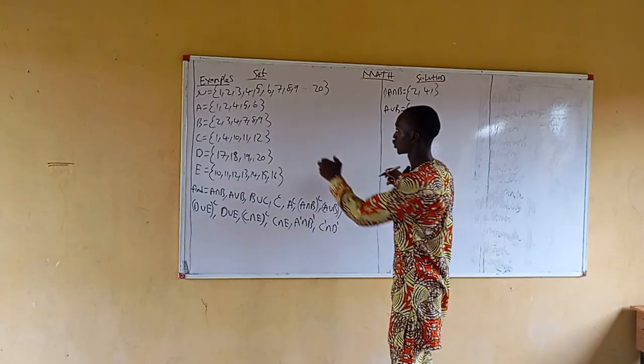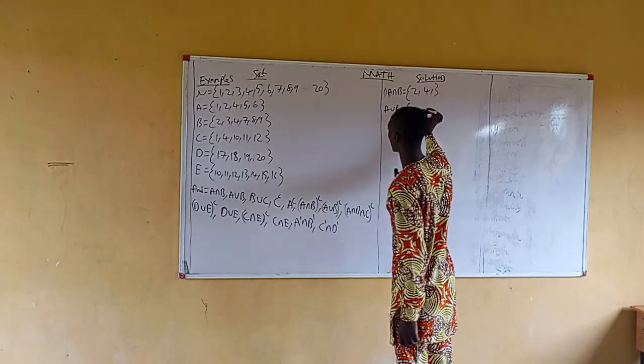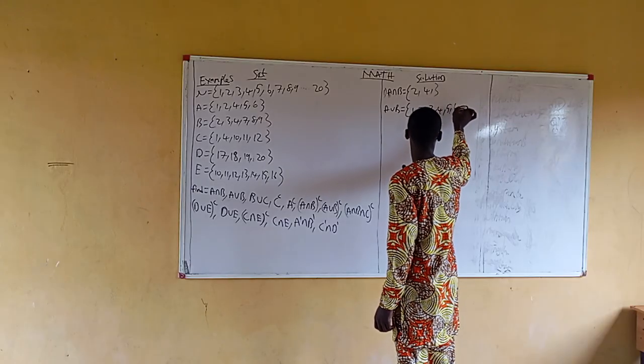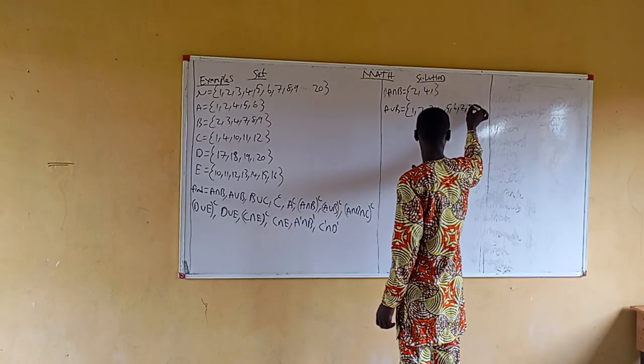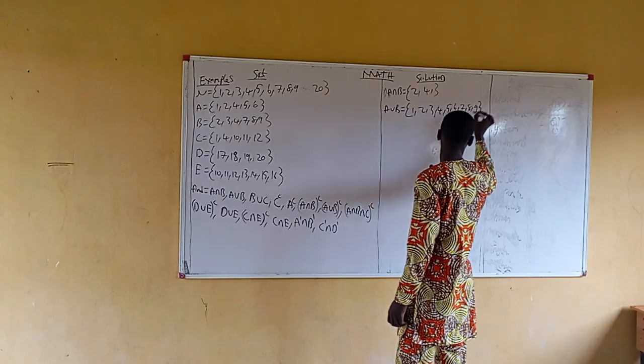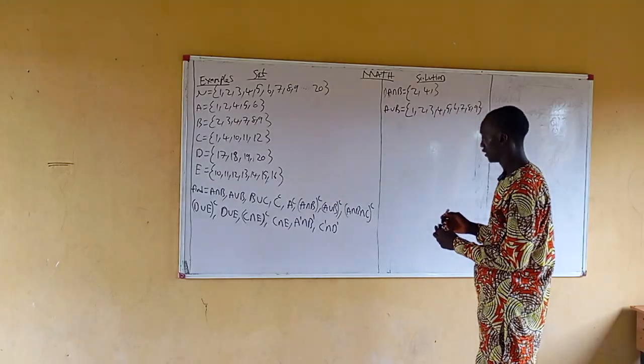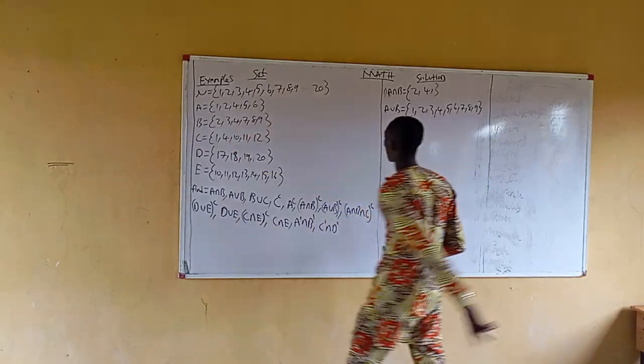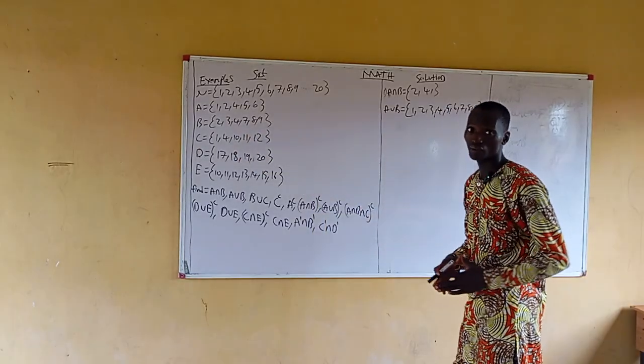Now, this is how it goes. You start with 1 as the smallest, we go to 2, 3, 4, 5, 6, 7, 8, and 9. These are my answer because we have 3 here. So remember, we are combining the two sets together without repetition.